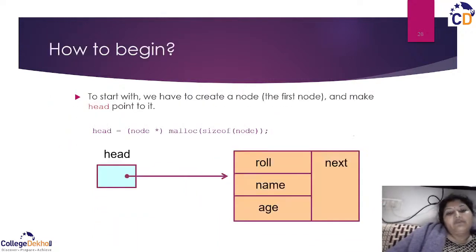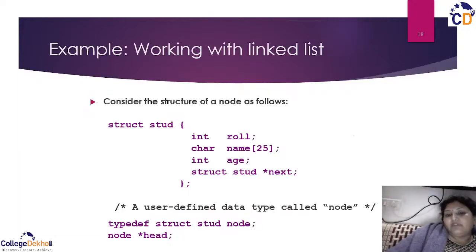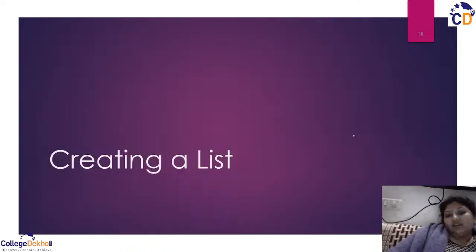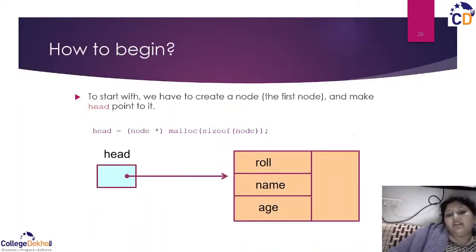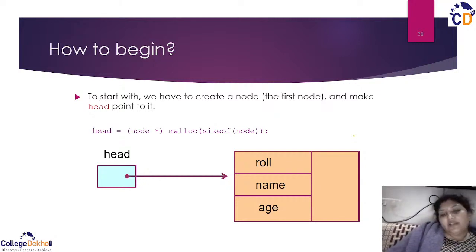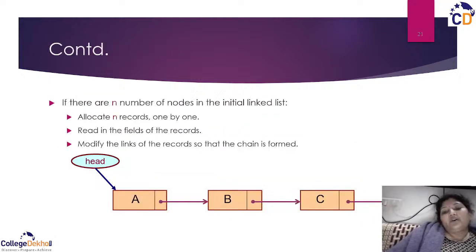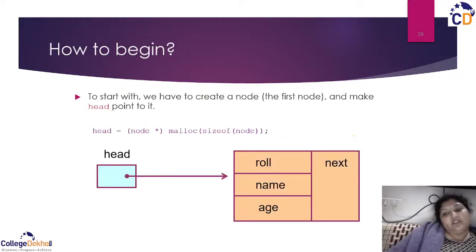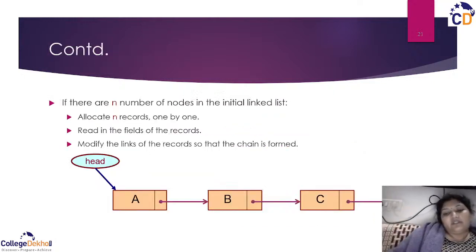You have head, you have roll number, name and age in the stud variable. In the stud variable we have head, that is pointing towards the first element or the start of the linked list, and it is holding the roll number, name and age, and the pointer holding the address part of the next element.